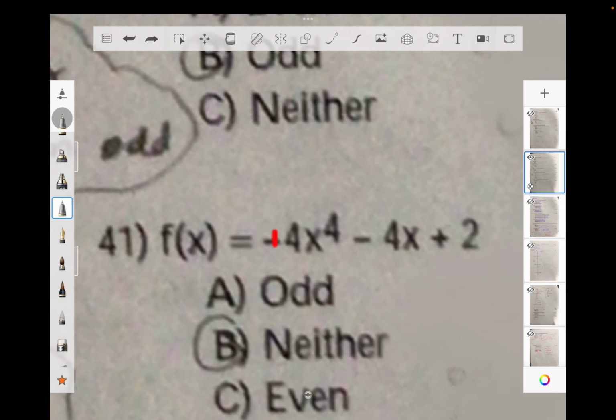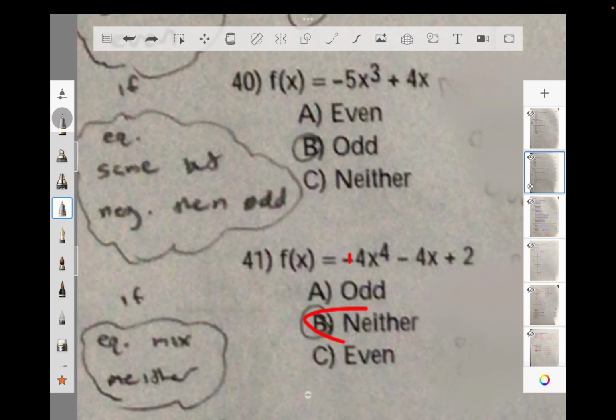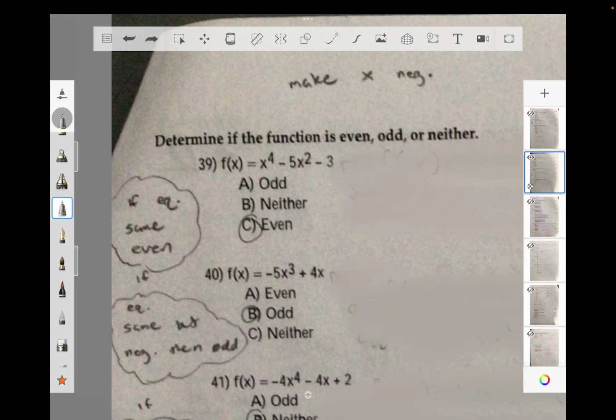But if this was positive, negative, positive, that'd be neither because it's not the same, which would be even, and it's not flipped because it would be odd. If that makes any sense. Let's just go through it. So again, if you replace all the x's with negative x's and it stays the same, then it's even.